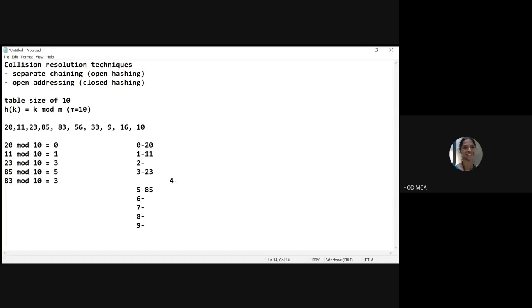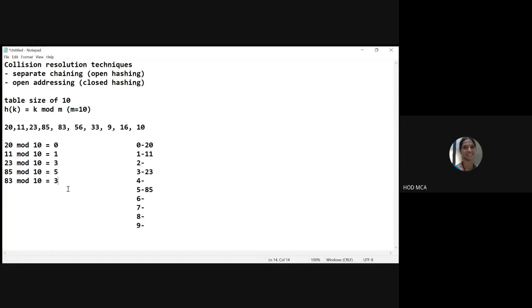Now this is where the collision occurs. So what's happening here? We already have 23 mod 10 is 3, so in the third location we already have 23. Now 83 mod 10 is also giving 3. That means there is a collision at this point.